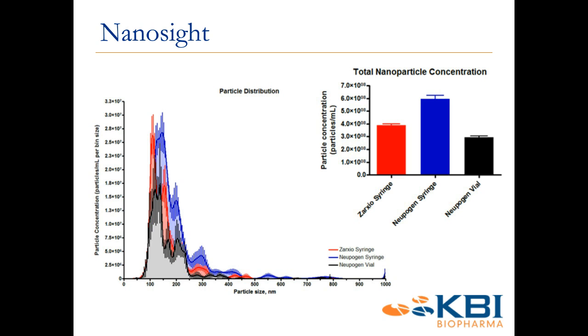We see again that the Neupogen does indeed have a higher particle concentration. Unfortunately, we're not able to distinguish different classifications with this technique, but overall we can evaluate the particle size distributions and see that they're quite comparable. We're seeing very similar particles between the different samples with this technique.